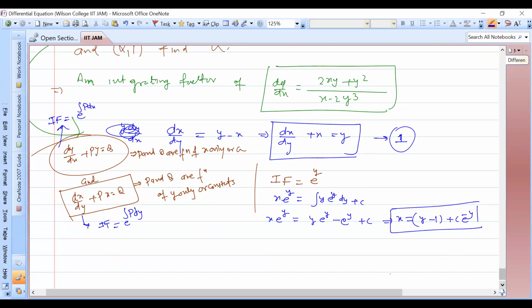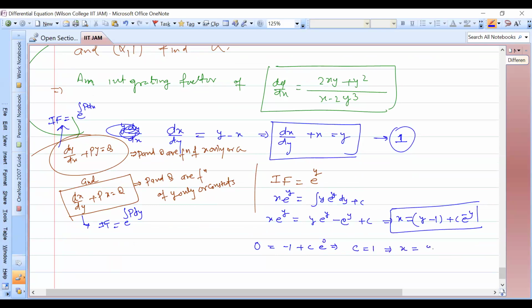See, further they have given x is 0, y is 0, so it is passing through the origin. So 0 equals minus 1 plus c into e raised to minus 0. So what we are getting? c equals 1.